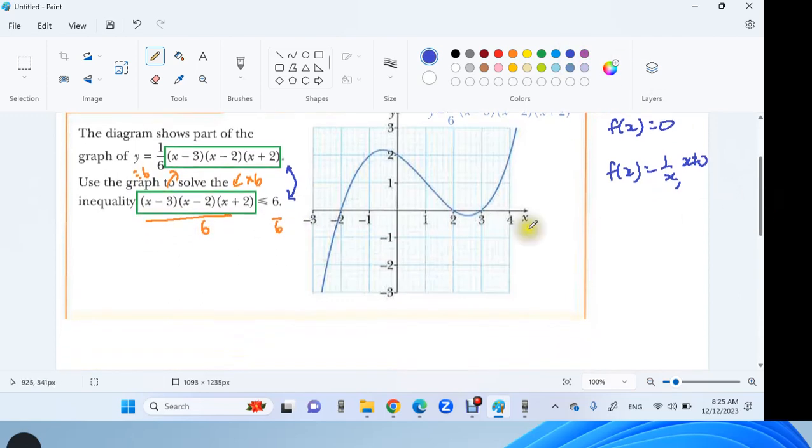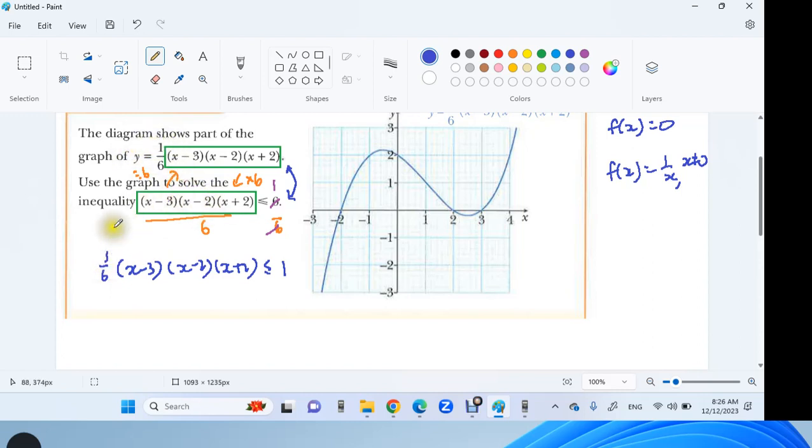Then what I have is 1 over 6 (x minus 3)(x minus 2)(x plus 2) less than or equal to 1, because the 6 and 6 here, we do the division, then we have 1 here. For this type of question, what is important is you must change the inequality to look exactly the same as the y.